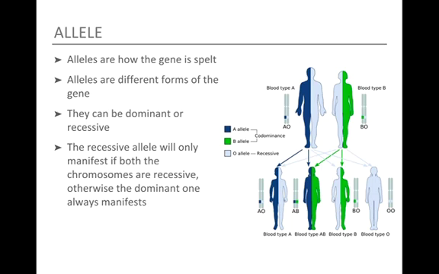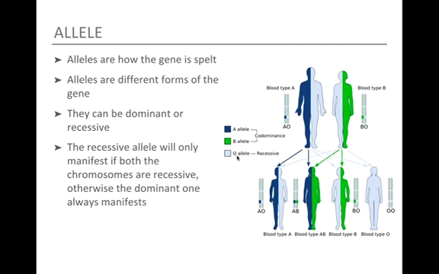A good example of alleles and the combination and how that results in a specific characteristic is that of blood type. You all must know your blood type: A positive, B positive, or B negative, or AB, or O. These are the different blood types that we know of. The blood type O is recessive in all human beings. It's a recessive allele.